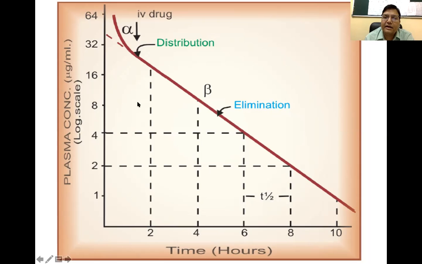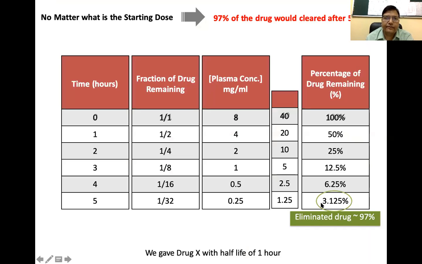Then after that, there is a very straight line, that is the beta curve. This is because of the elimination. The drug is constantly being removed from the plasma with time, so it will become a straight line. So this alpha is because of distribution, and this beta part is because of the elimination.